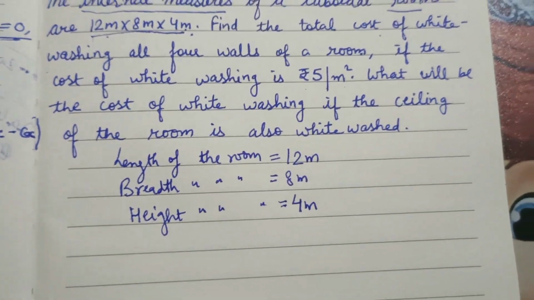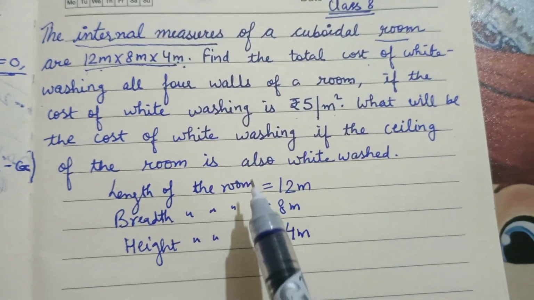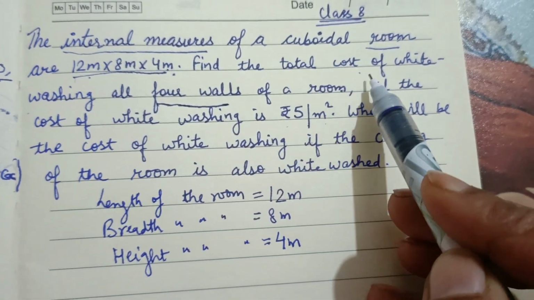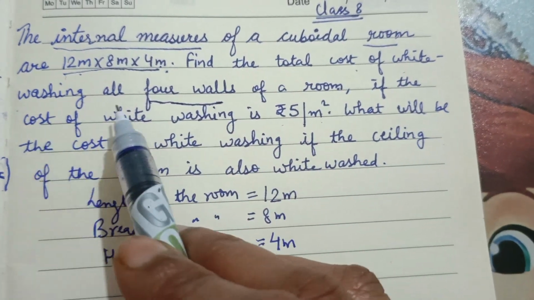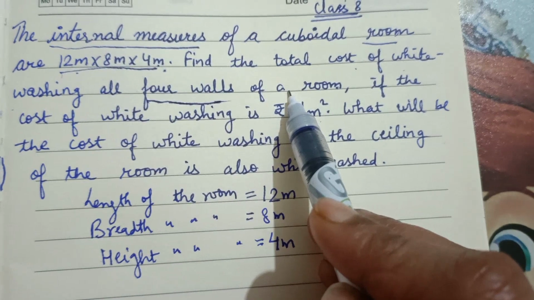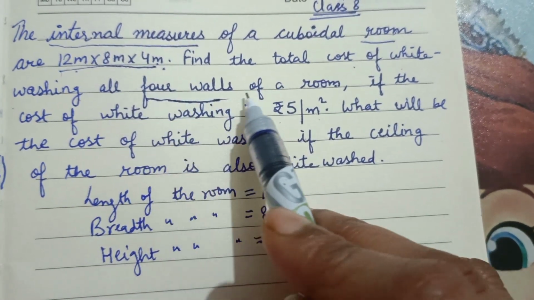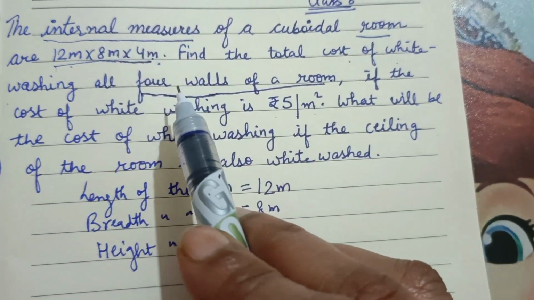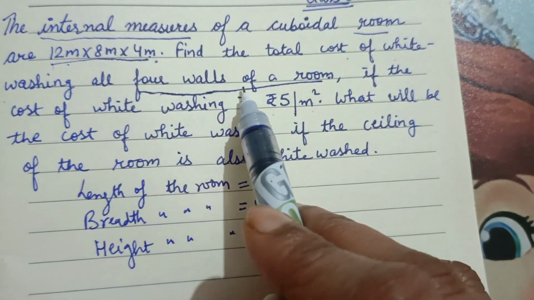Now they are asking us to find the cost of whitewashing all 4 walls, only the walls of a room, right? So we will apply the formula for the 4 walls.